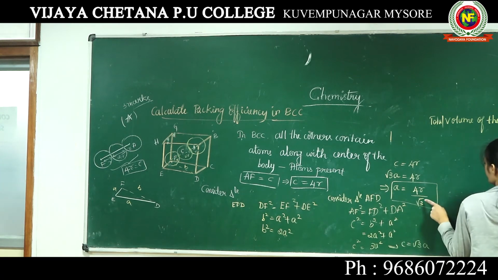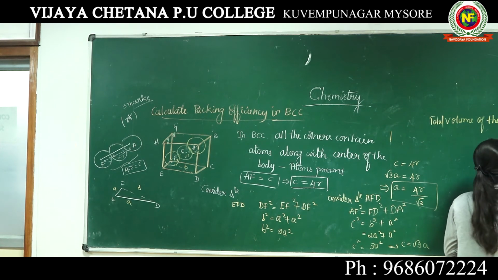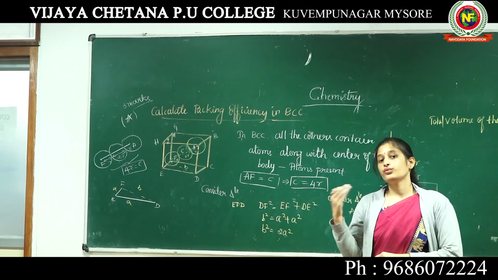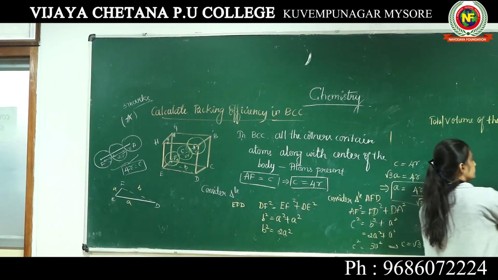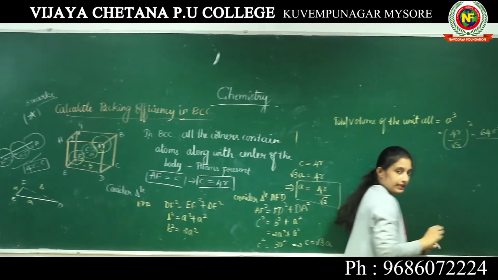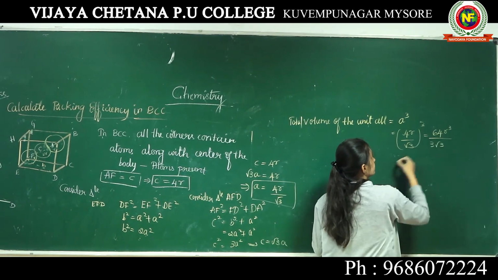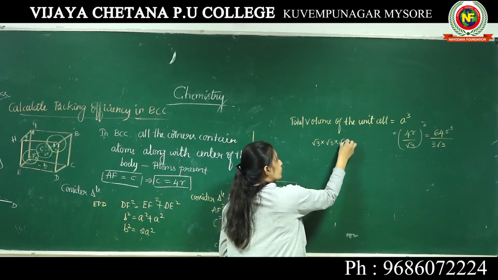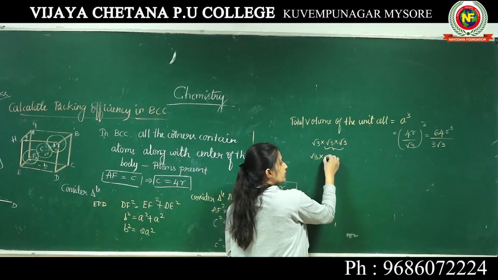What is the A value? 4R divided by root 3 whole cube. 4 cube means 4 into 4 into 4. 4 fours are 16, 16 fours are 64. 64 R cube divided by root 3 whole cube, which means 3 root 3. How? Root 3, root 3, root 3. Multiply this. Root 3 into root 3.